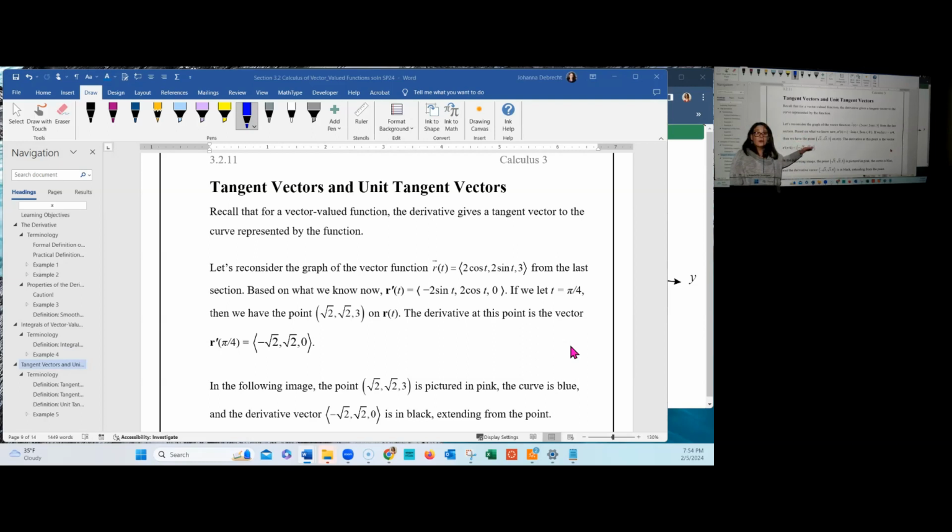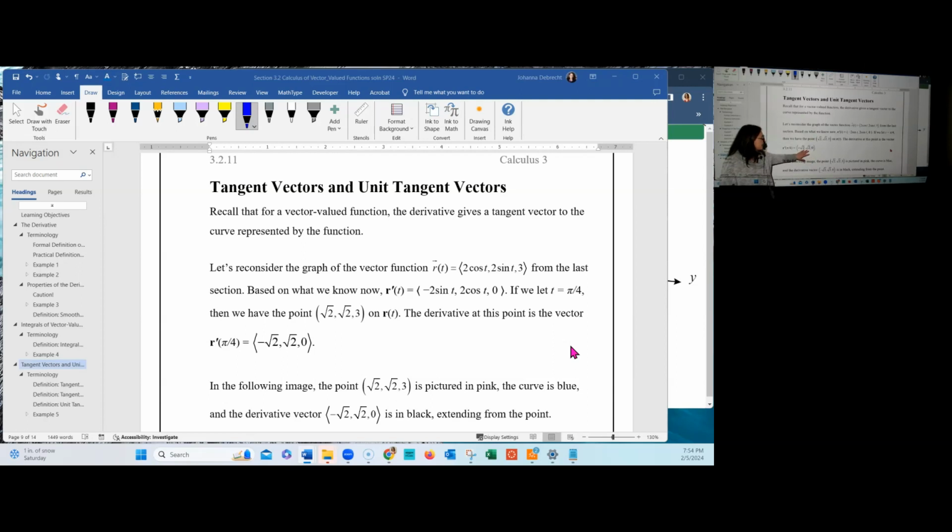I also know what the tangent vector is at that point. It's negative 2 sine t, 2 cosine t, and 0. Now, the derivative at this point, if we substitute in the value of t as pi over 4, substituting it into r prime of t, would give us negative square root of 2, square root of 2, and 0.